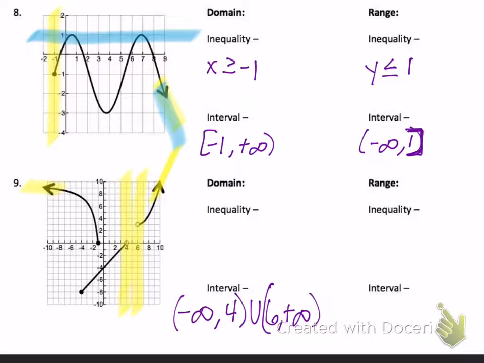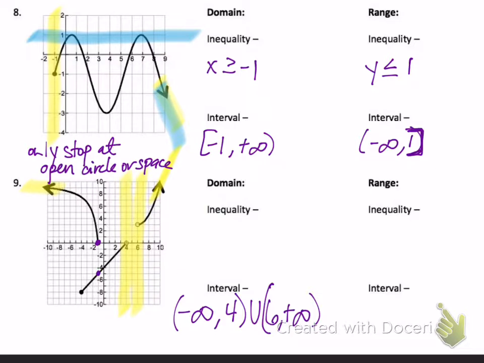So it doesn't matter that they overlap? No, the overlap doesn't matter because I am defined here and here. The only time that you stop is if you have an open circle or a space. But since you have closed circles right here, you don't stop.